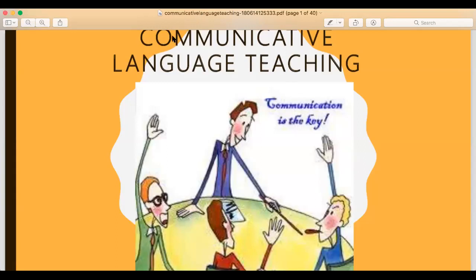Other than that, this is the first time we came to know about communicative competence, right? So basically, the objective and the aim of this method is to develop communicative competence. We also looked at Hymes's definition, a very concise one, of what communicative competence is.